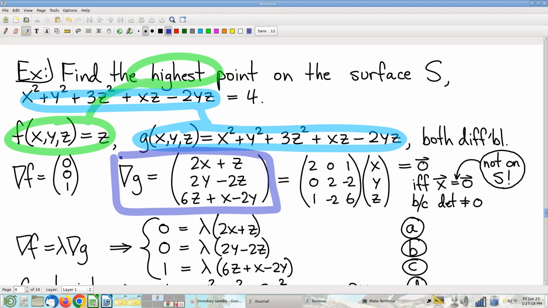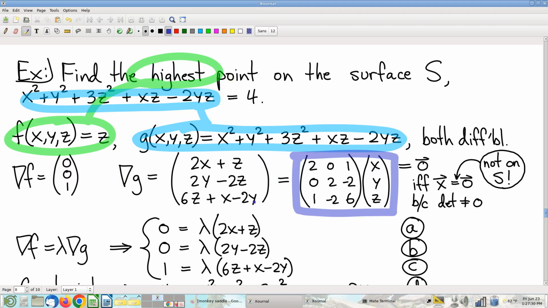I think the following is a very convenient take on it, and that is to rewrite it like this. And so now, instead of asking where some vector expression is the 0 vector, we can effectively rewrite it as, I just want to know the set of solutions to this little 3x3 system of equations.